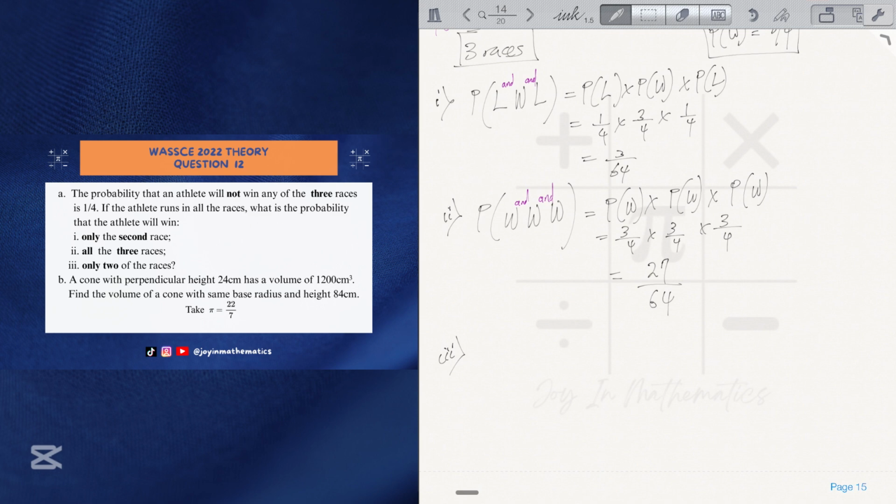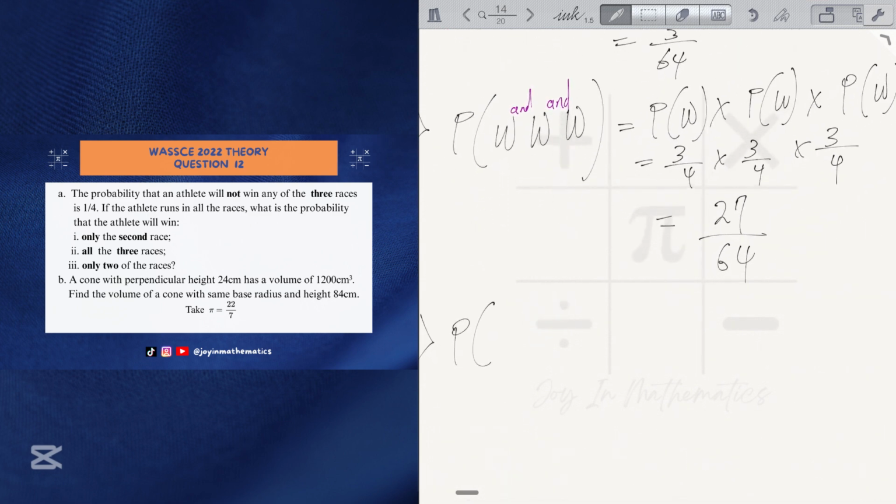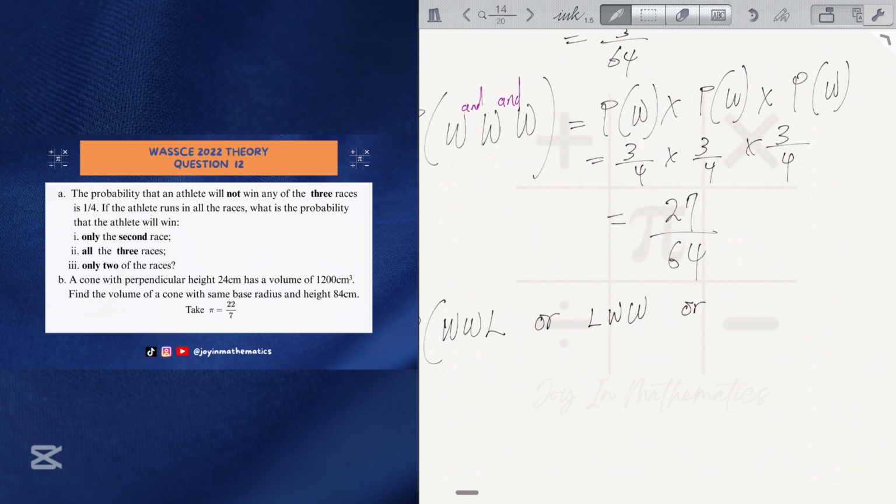Now if he wins only 2 of the races, that means we are saying that what is the probability that he will win the first 2 and lose the third, or the probability that he will win the last 2 and lose the first, or the probability that he will win the first one, lose the second, and win the third one.